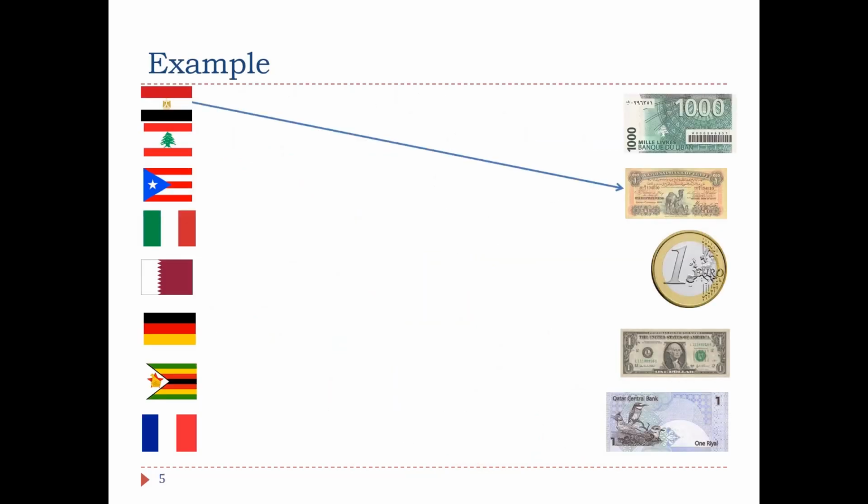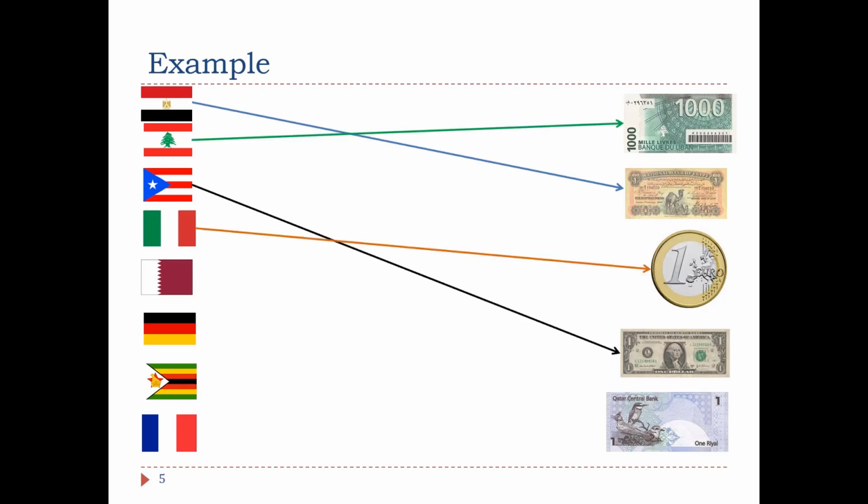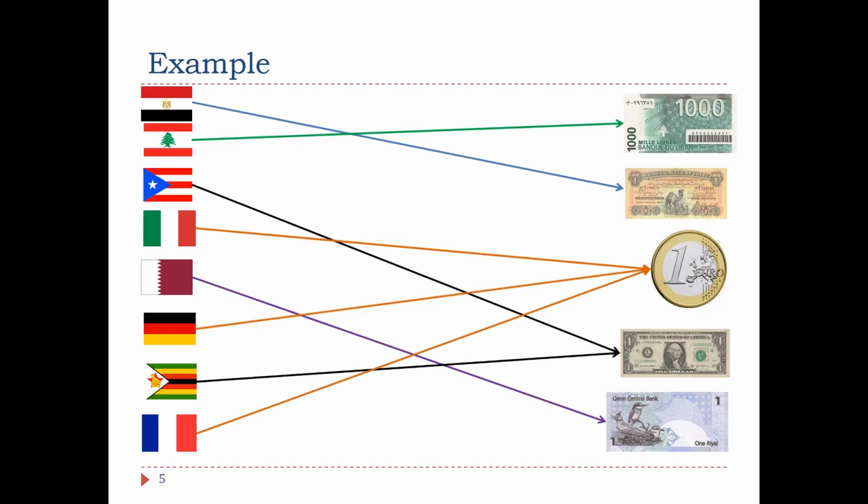So the example of mapping countries to their default currency. Well, this is a function. Just to show you that functions are not necessarily arithmetic formulas of the form f of x is equal to, I don't know, x squared plus 1, or x plus 1 over 2, or whatever.